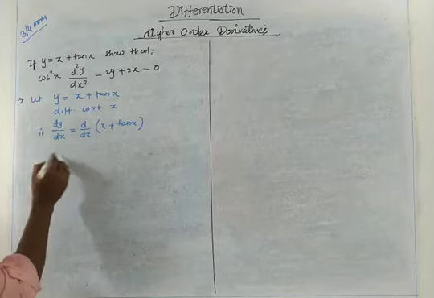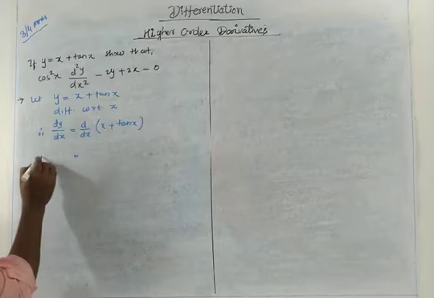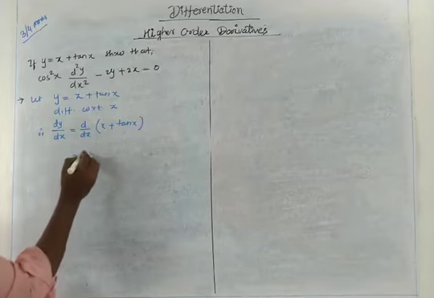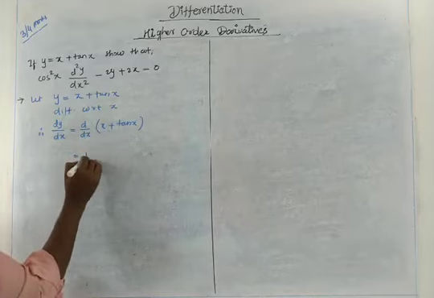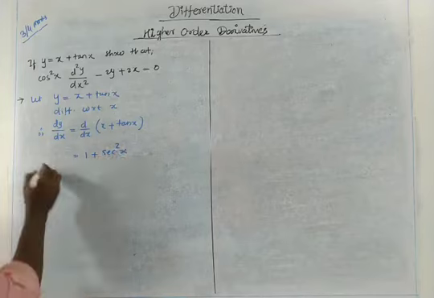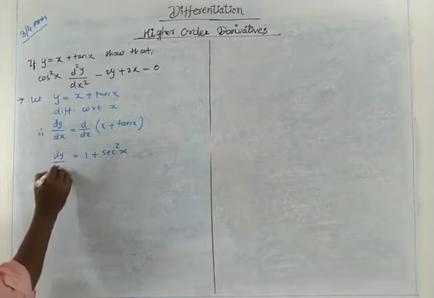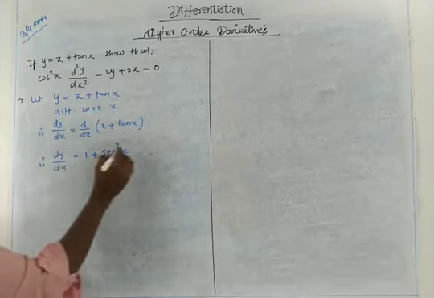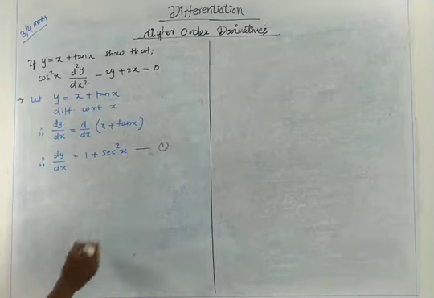Therefore, d dx of x is 1 and derivative of tan x is sec square x. So value of dy by dx we got, that is 1 plus sec square x.